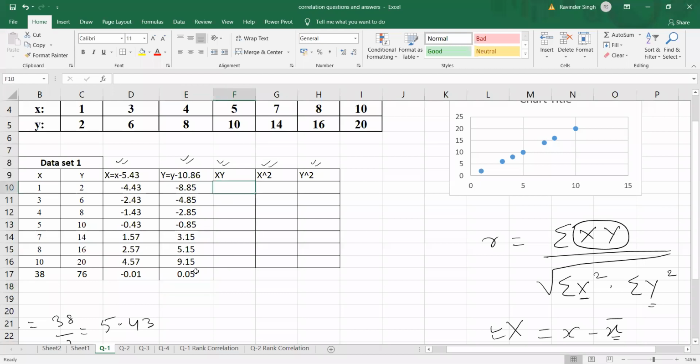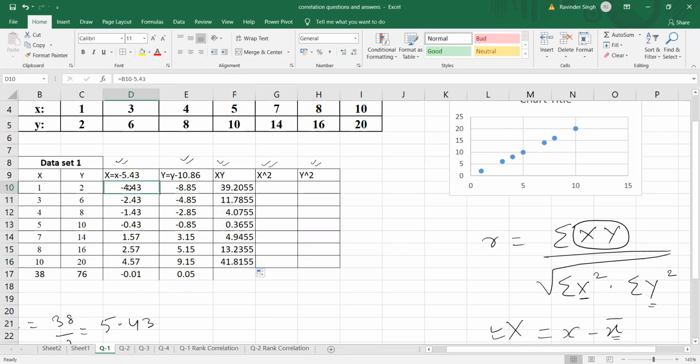Anyway, now we have to find X into Y. It means this value into this value I have to calculate. So this will be equal to the X value into the Y value. Now you can see we have calculated, and we just drag this down. Now we have to find the X square also.